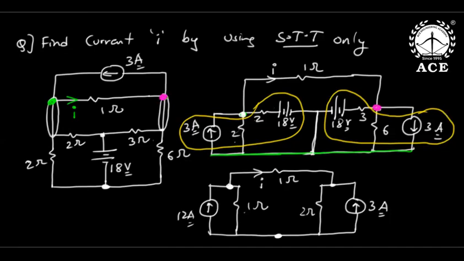And similarly, this is the orange node. I will take the orange node here. See, at this pink node, 3 amperes is leaving. And at the orange node, 3 amperes. Yes, sir. Got it. Understood, sir. 3 entering, 3 leaving, like that.